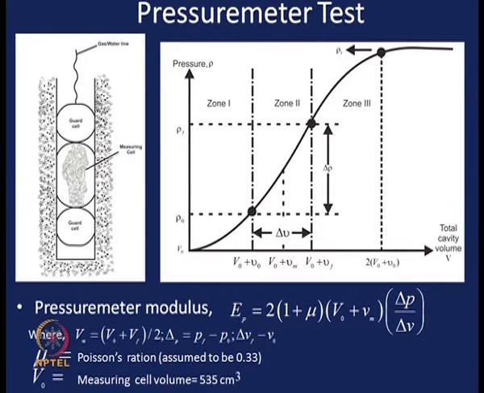Then we insert the measuring cell with the guard cell into the borehole, and we allow the measuring cell to expand. This process goes on until the soil fails or the volume expansion reaches the limit of the measuring cell expansion.